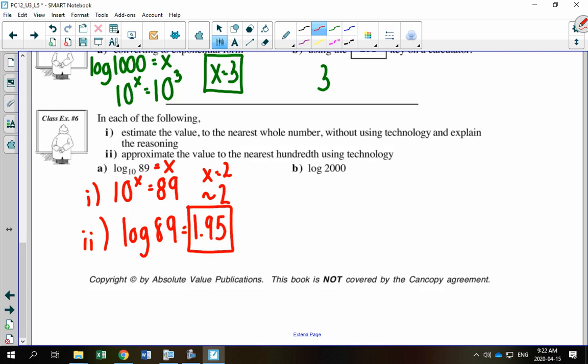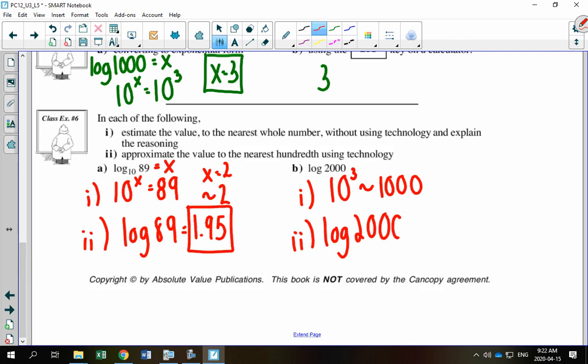And then for this one here, if we estimate it, this would be like 10 to the power of 3, right? Which is around 1,000. So somewhere around 3 for my estimate. Then if I go on my calculator and go log of 2,000, because it's base 10, we're able to do that.